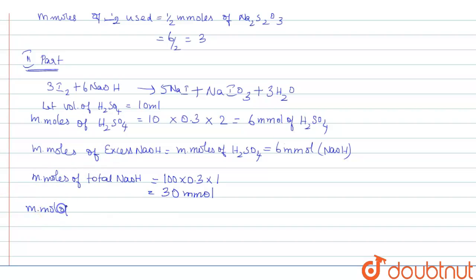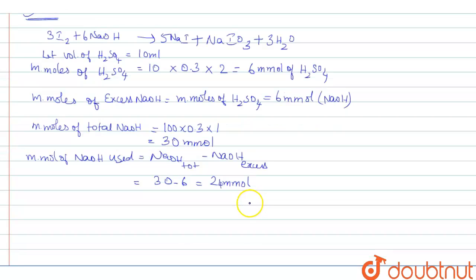The millimoles of NaOH used for complete neutralization will be NaOH total minus NaOH in excess. So 30 minus 6 equals 24 millimoles, which is exactly what was used.